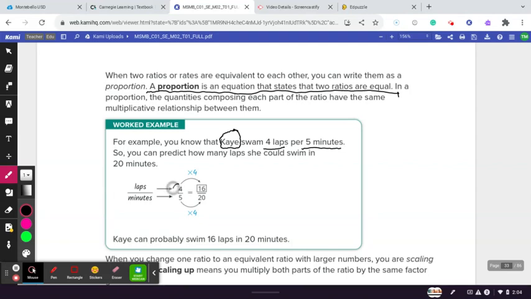So they put their laps and their minutes here, and they went from 5 to 20. You know that that is multiplied by 4, just as it's shown there. So if you multiply by 4 on the bottom, you would multiply by 4 on the top. So you would assume that this swim member would do 16 laps in 20 minutes.